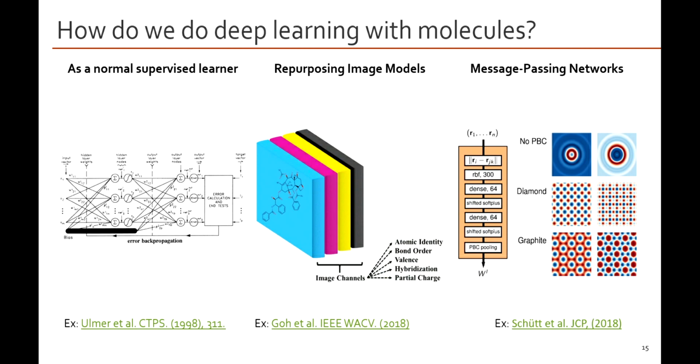There are also a few groups who use image-based networks of the kind that have shown a lot of promise for things like image classification, segmenting out cancer in cells, and self-driving cars, and really taking all of those innovations in image models and simply trying to shoehorn molecular property prediction into using those techniques by, say, rendering a 2D image of a molecule, coloring it based on different properties of each of the molecules, and applying that as an input into those image-based techniques.